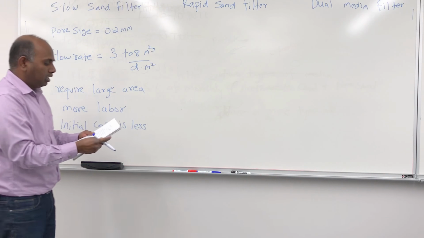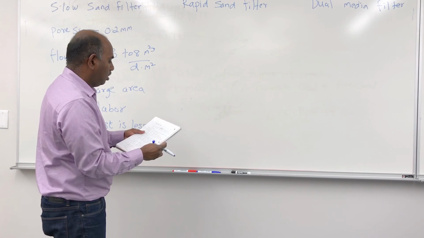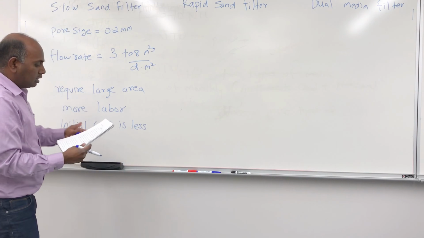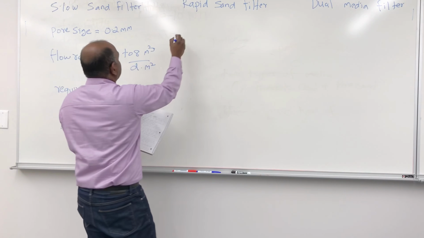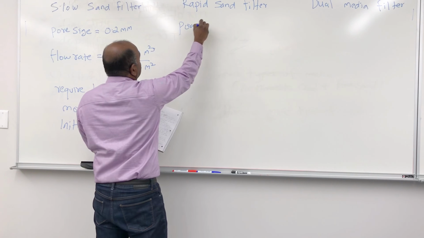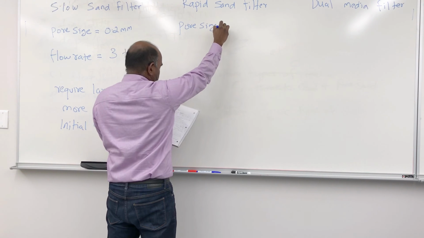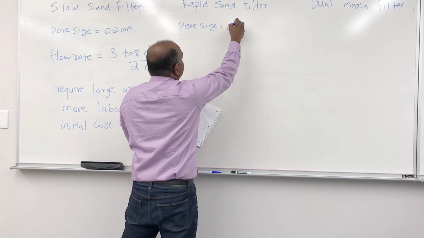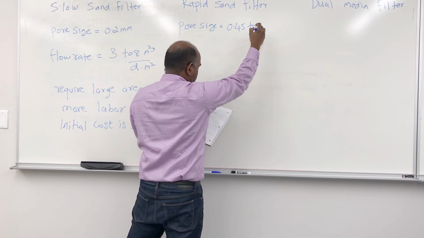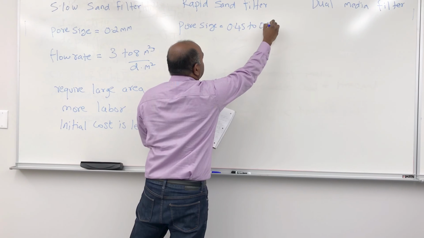Now, rapid sand. The effective pore size is 0.45 to 0.55.